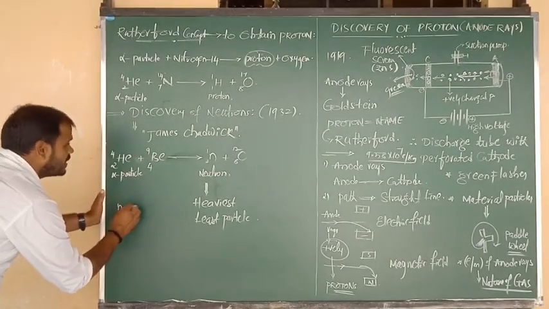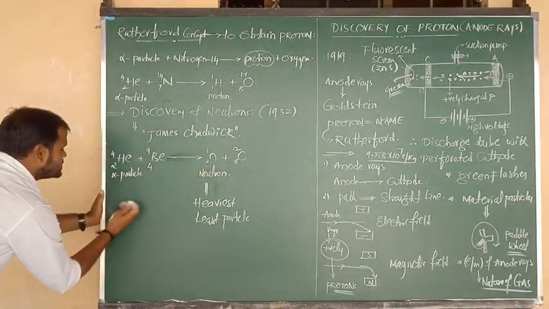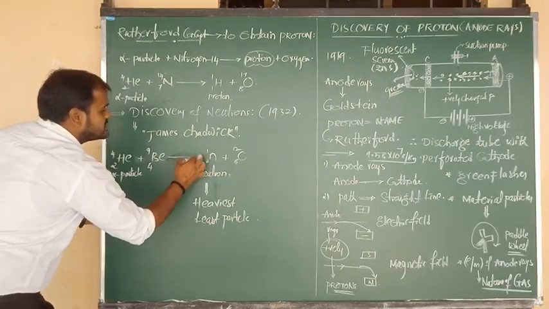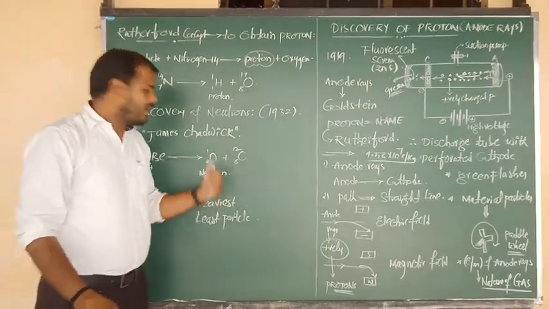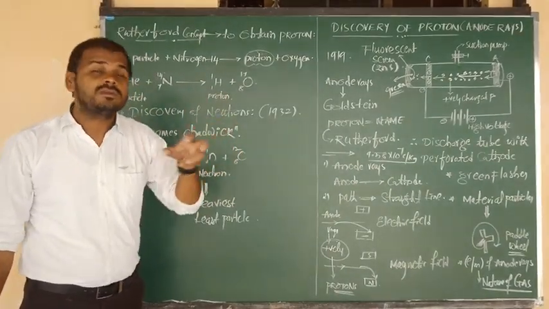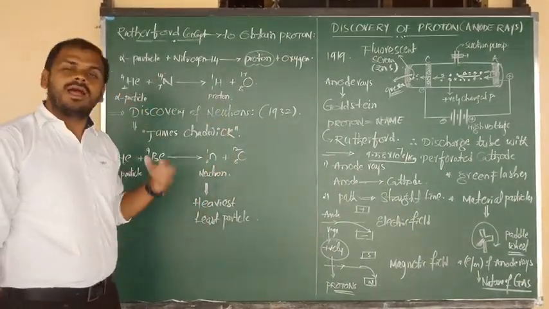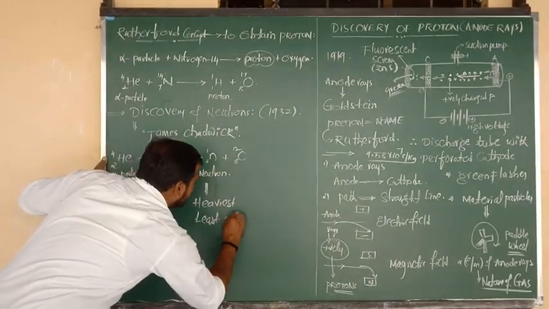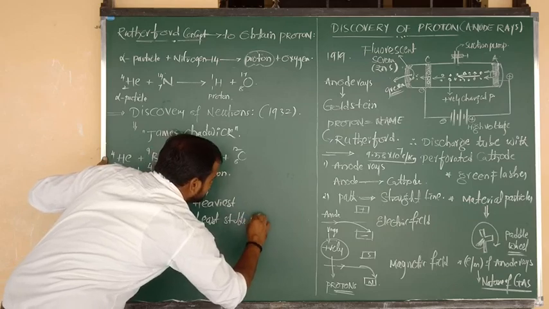Its mass is almost 1, equal to the proton mass also. But the heaviest particle among the three subatomic particles is neutron, and we have to say that it is the least stable particle.